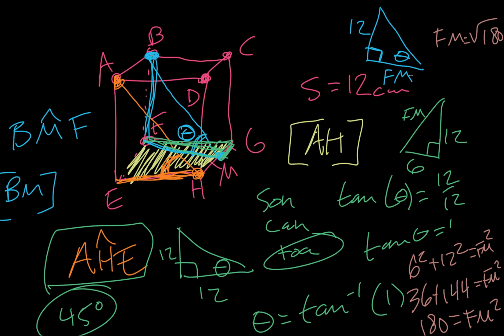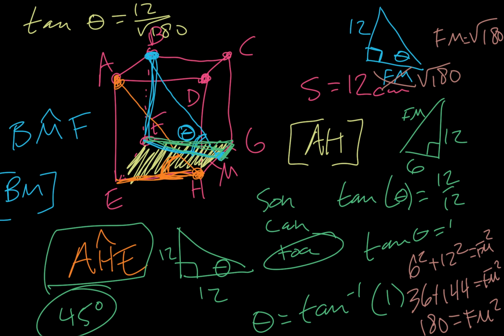Okay, so now I can plug that in here. Then we just use our right angle trig. This is going to be a tangent situation. So tangent theta equals opposite, which is 12, over adjacent, which is the square root of 180.